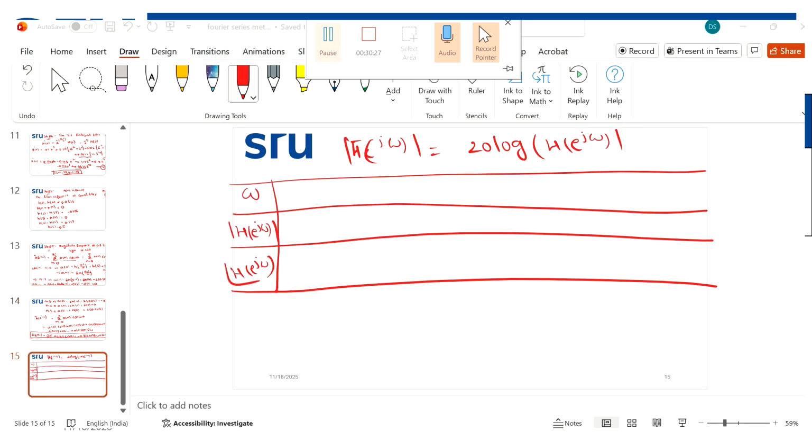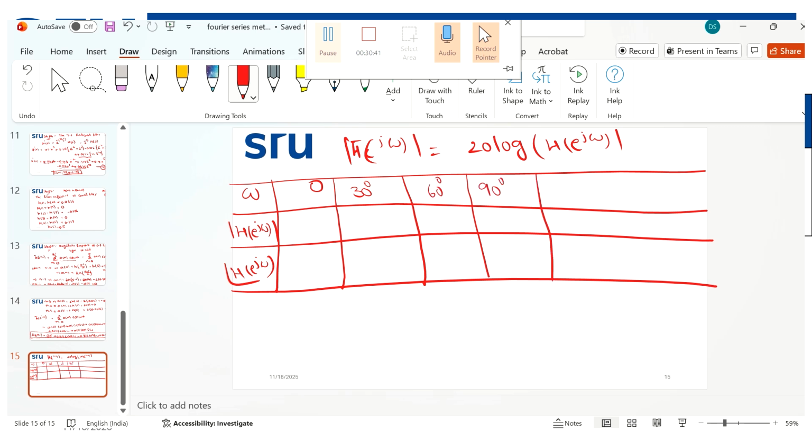So this table indicates that for different omega values what will be our frequency response. First I am considering the omega value as 0, then 30 degrees, then 60 degrees, 90, then 90 plus 30 that is 120, 120 plus 30, 150 degrees, and last 180 degrees.